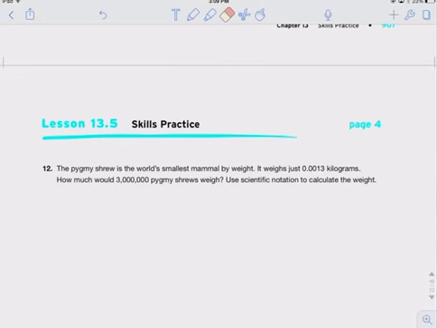They want you to use what? Scientific notation. Let's do this without using scientific notation. Let's go ahead and use our calculator to make sure our scientific notation is correct.